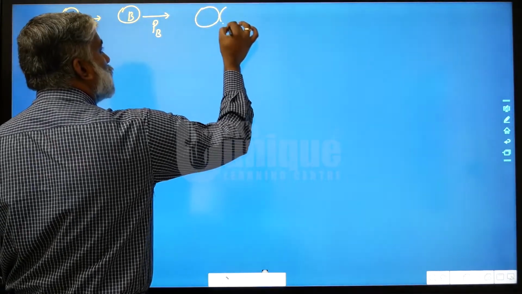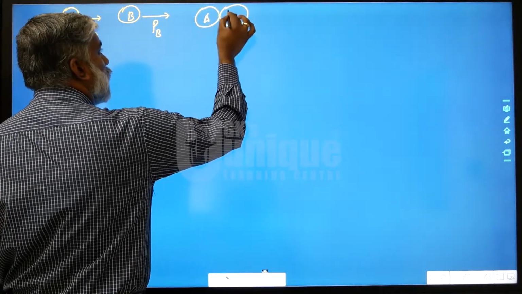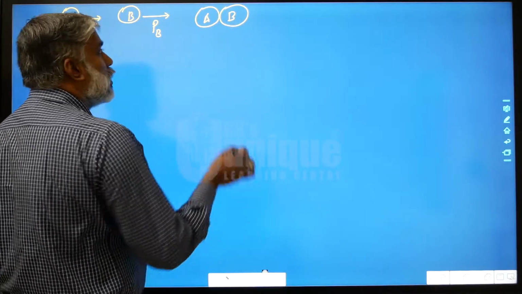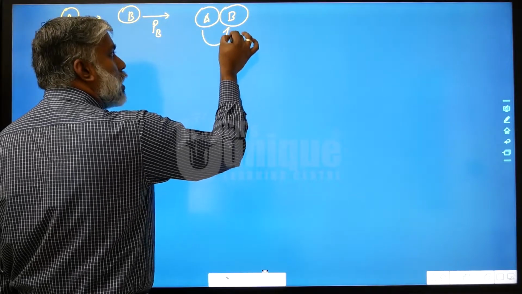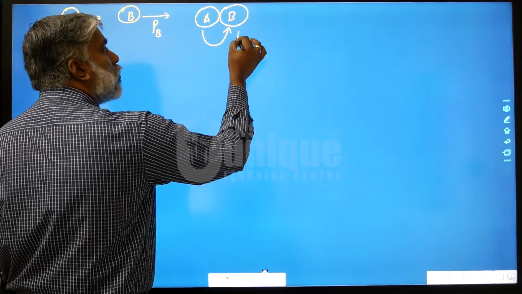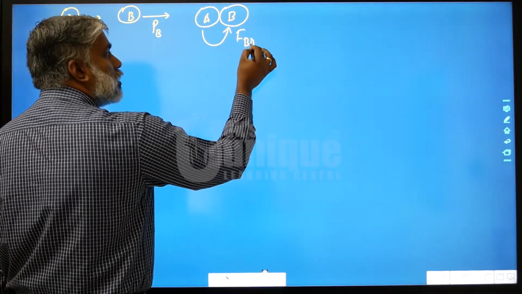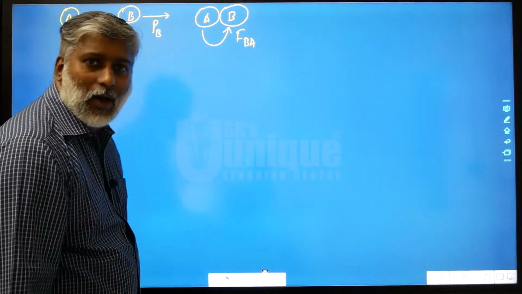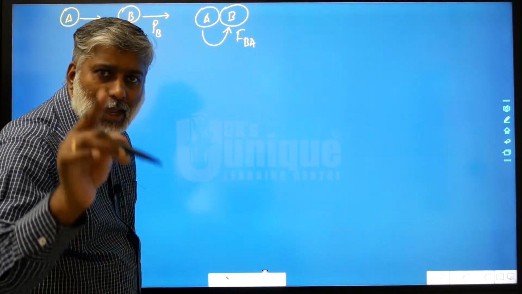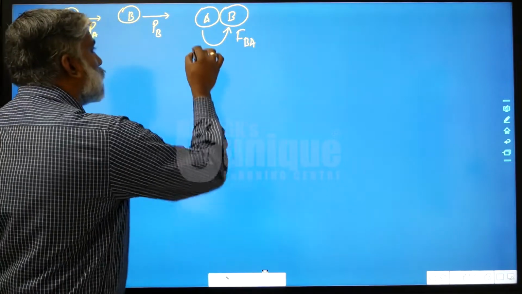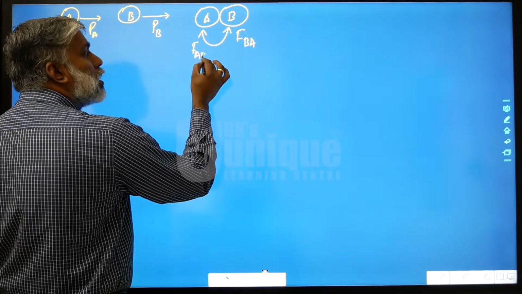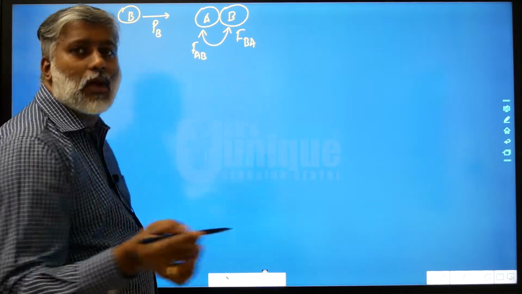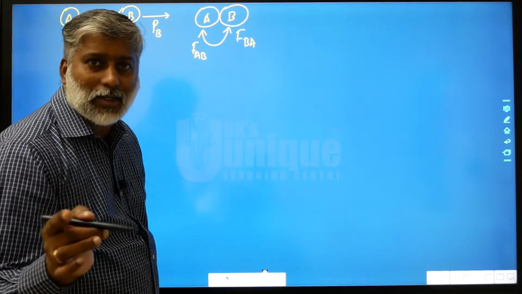During collision, A will exert a force on B, the force on B due to A. Then according to Newton's third law, B will exert an equal force in the opposite direction on A, the force on A due to B. These two are equal forces in opposite directions.